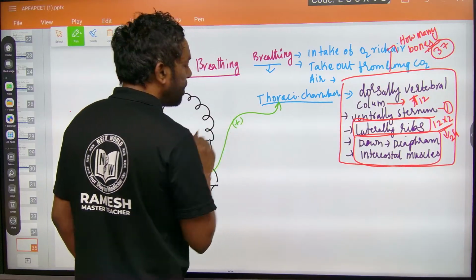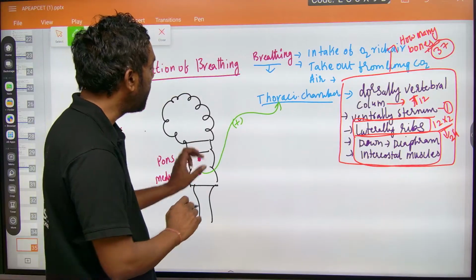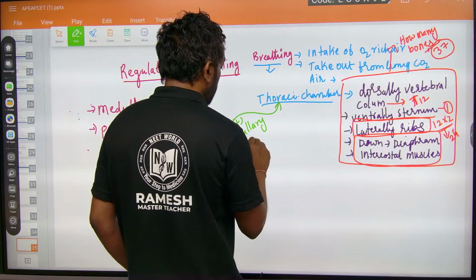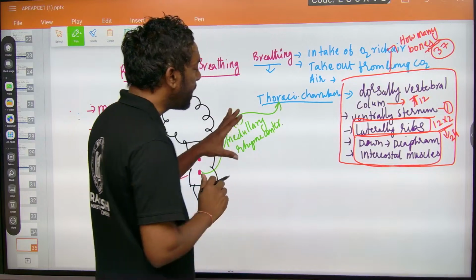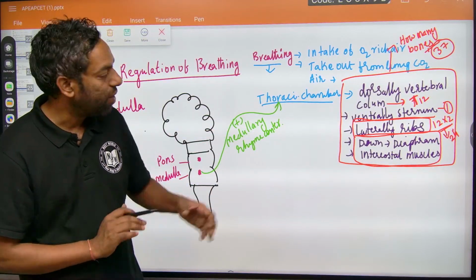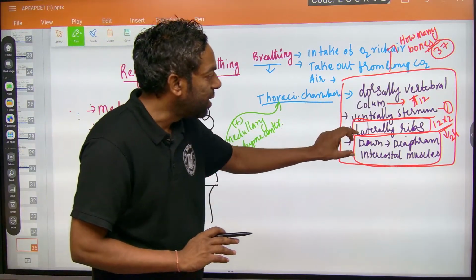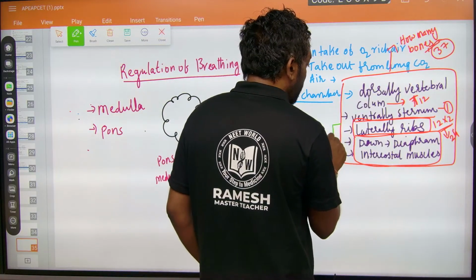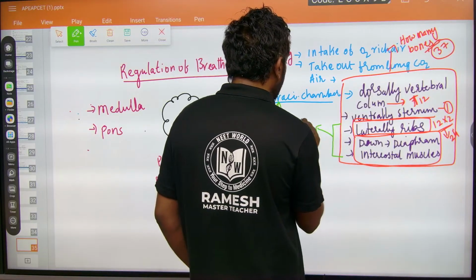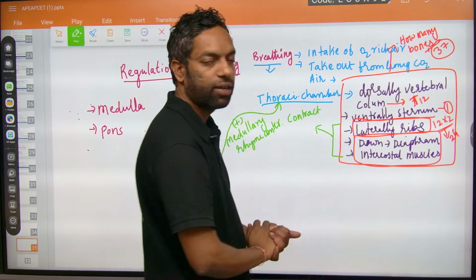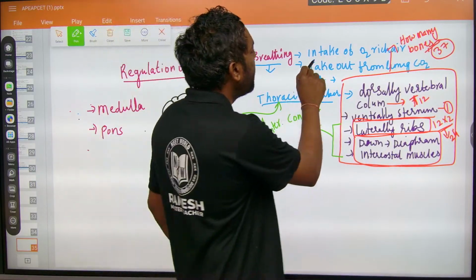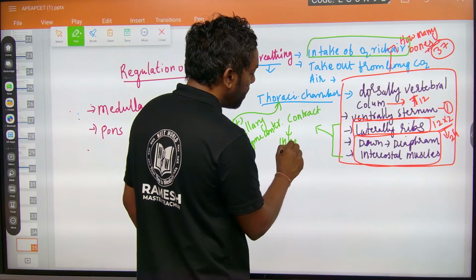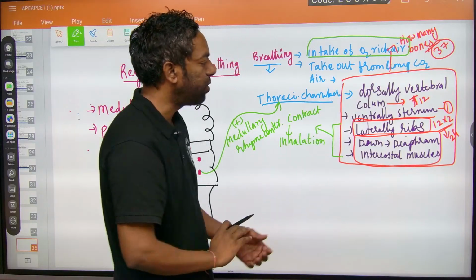The medullary rhythm center gives positive signals to the thoracic chamber. When the positive signal is given, the ribs, intercostal muscles, and diaphragm contract. When they contract, there is an intake of oxygen-rich air, meaning inhalation takes place.